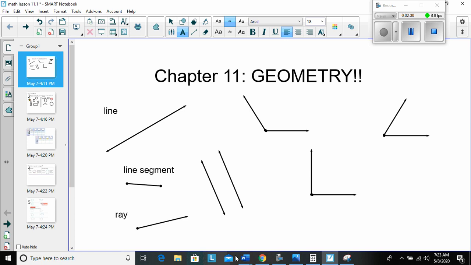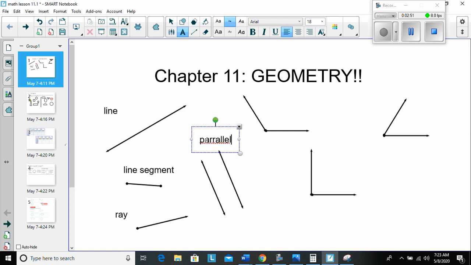All right. Right here we have two lines. They both have arrows on each end of the lines. And what's special about these lines is they are running parallel. So these are parallel lines.